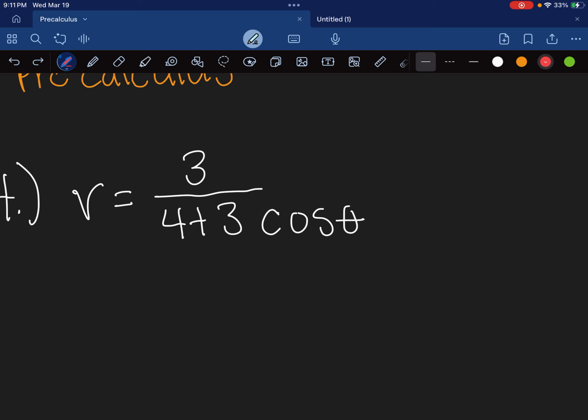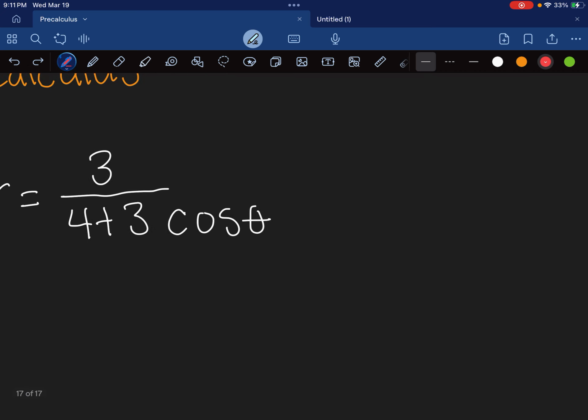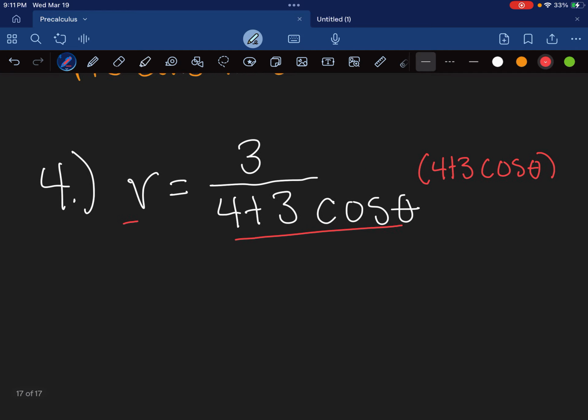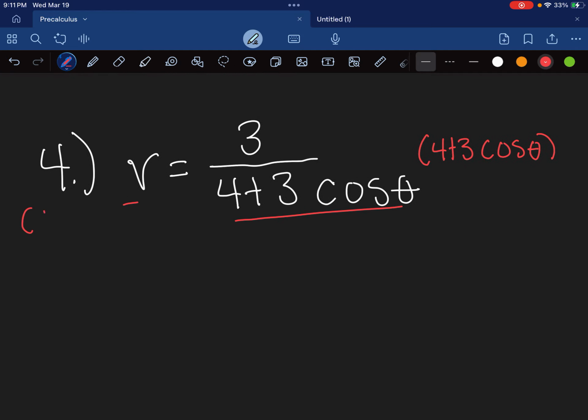First thing we're going to do is essentially get rid of the bottom number right here by multiplying it by itself. So we're going to do 4 plus 3 cosine theta. And what we do on one side, we're going to be doing on the other side. So we're also going to be multiplying this by 4 plus 3 cosine theta.